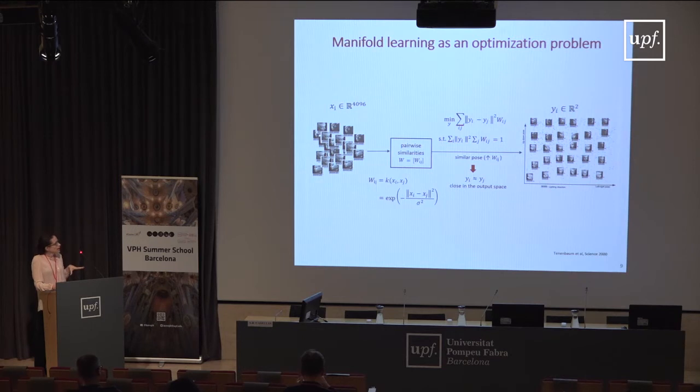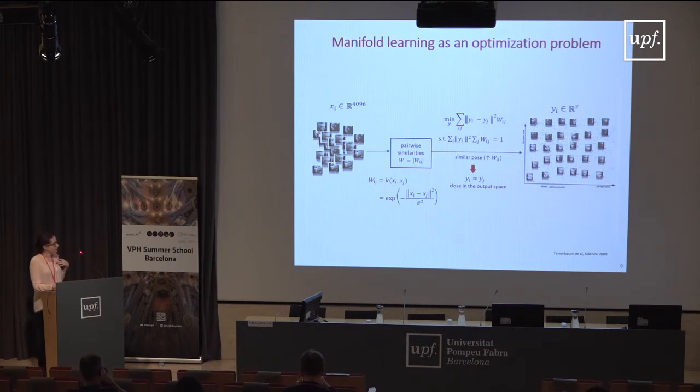Now, if two samples of my data, X, which is of dimension 64 by 64, so more than 4,000 dimensions, have a similar pose, we will have that this Wij, which is the similarity between individual i and individual j, will be high.